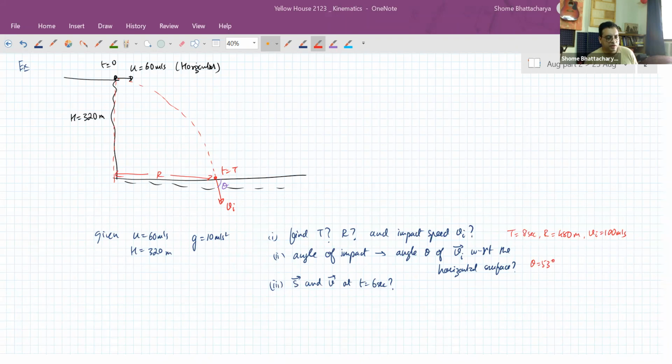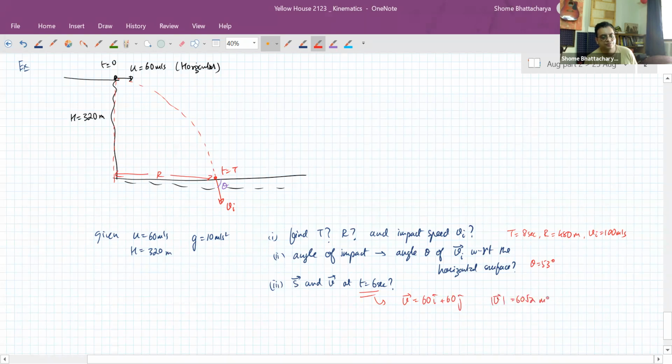Now the second part, at t equal to 6 seconds, you will see that the velocity will become 60 horizontal and 60 vertical, or magnitude of v would have become 60 root 2. And the x coordinate, when you calculate, is 360 meters. The y coordinate is 180 meters.